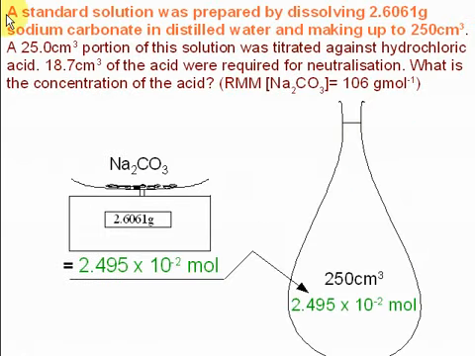If we read the whole of the first line, it says a standard solution was prepared by dissolving just over 2.6 grams of sodium carbonate in distilled water and making up to 250 cm cubed. So this mass of sodium carbonate, which we weighed out, we put in a volumetric flask, made up to the mark, and this was exactly 250 cm cubed. Previously we worked out the amount of sodium carbonate, so all of that amount will end up in the volumetric flask.